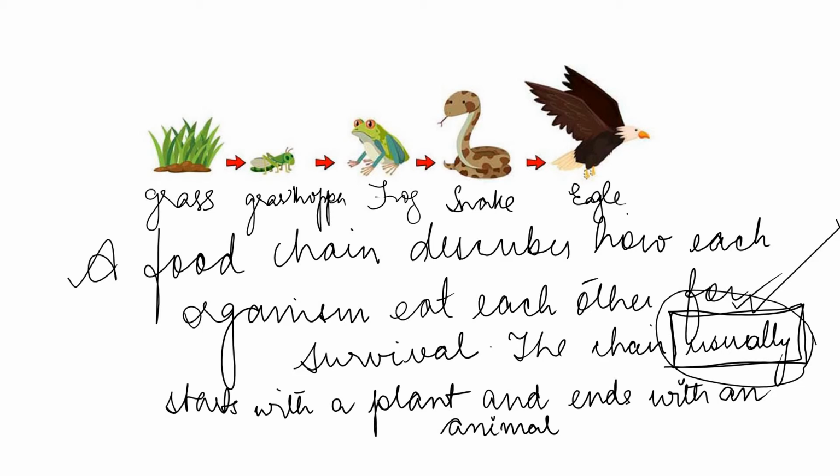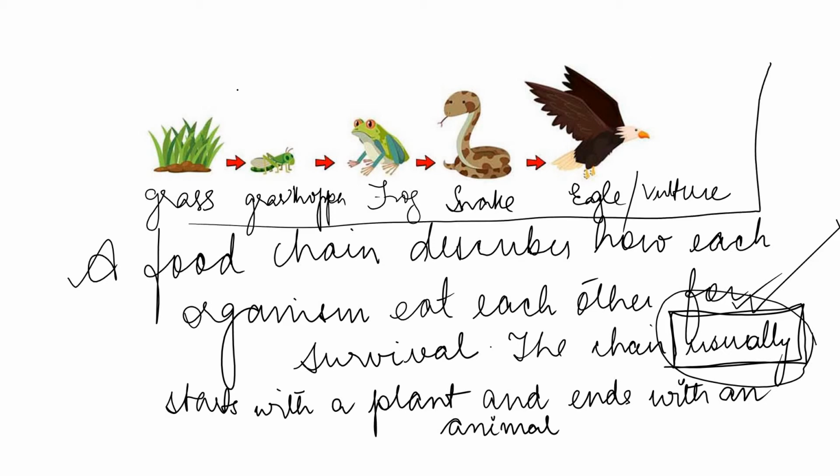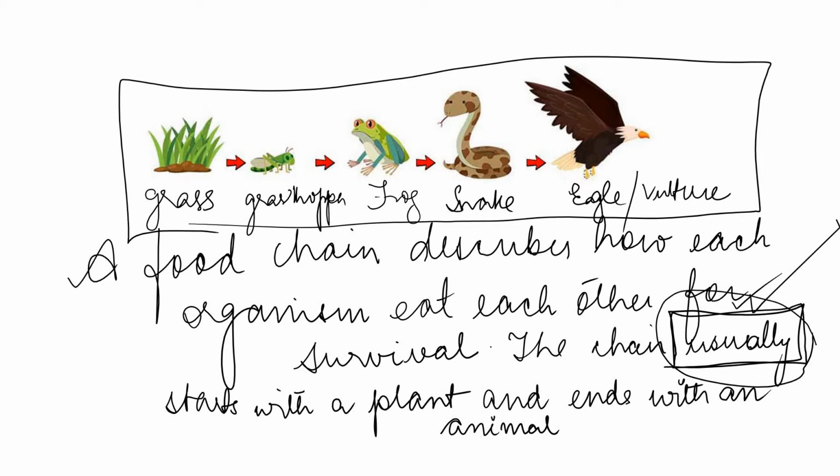Why are they eating each other? Why has this become a food chain? Because they are eating for their survival.